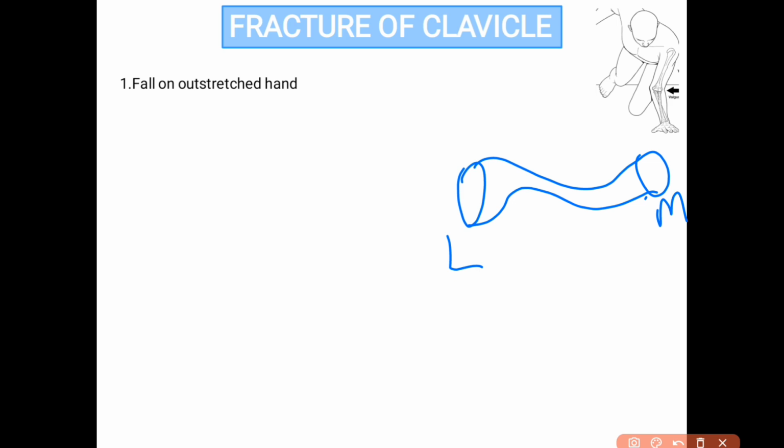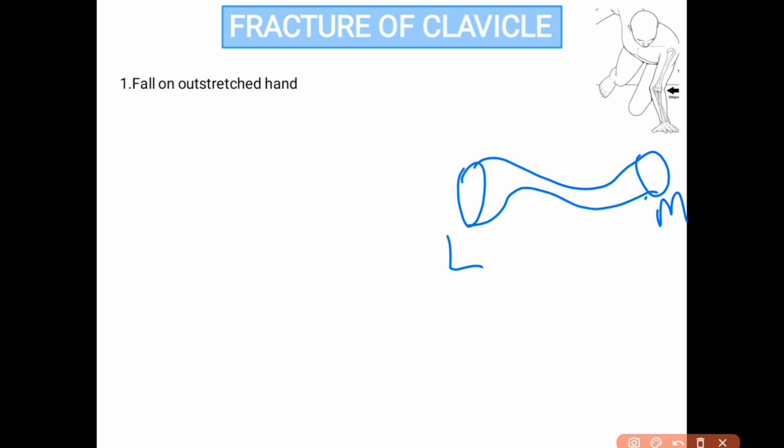There are specific sites for fracture of clavicle. Let me discuss them. Here we have the clavicle bone. Here one is the medial side and that one is the lateral side.